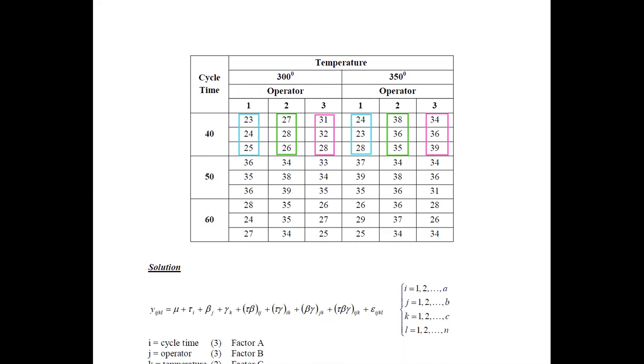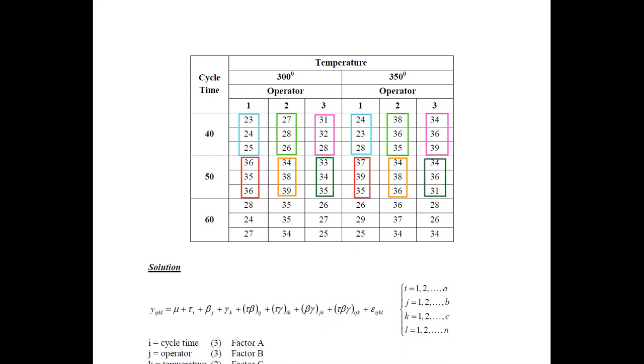Same as this, we need to identify the values for operator 1 with value 50. Then these two have to be used, and thereafter for operator 2 with value 50, we need to use this set of values, and for operator 3 with value 50, you have to use this set of values.